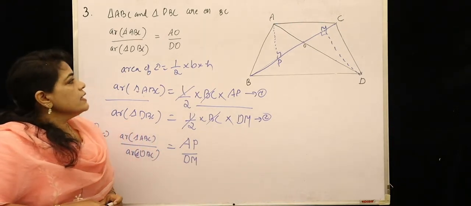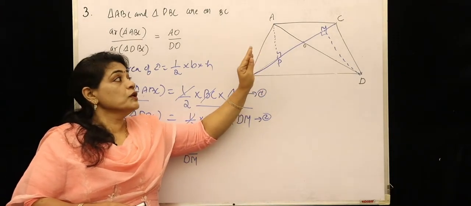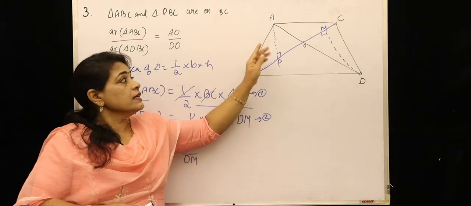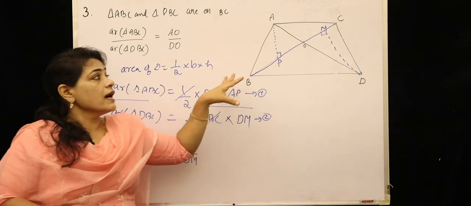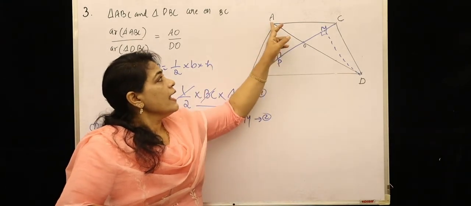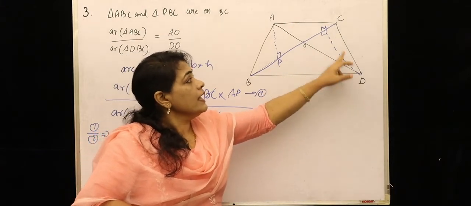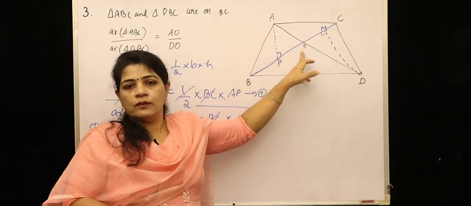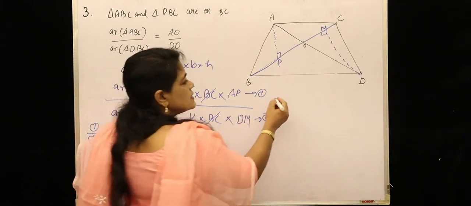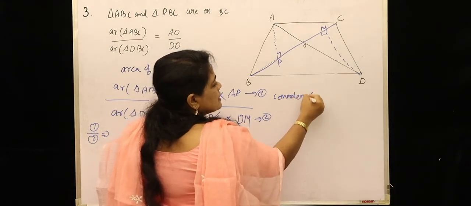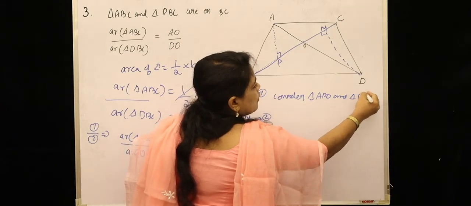So, see children, in order to prove that, I am going to consider that AP and DM are the sides of the triangle APO and DMO. So I am going to consider these two triangles, triangle APO and triangle DMO.